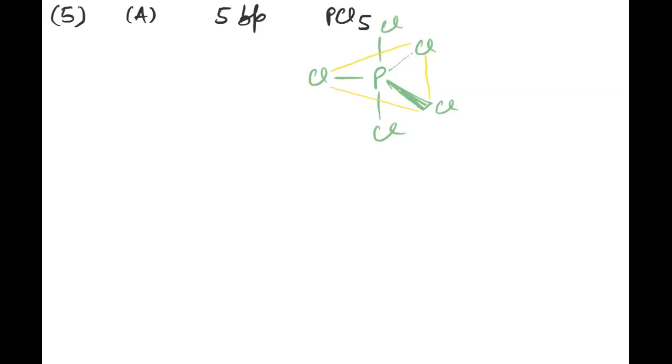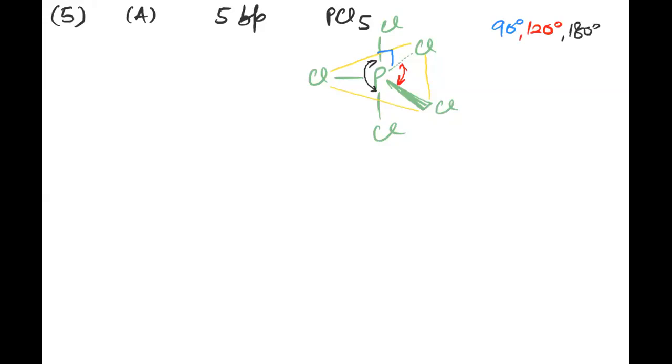In the case of PCl5, as far as bond angle is concerned, here we have three different types of bond angle. This bond angle should be equal to, let's say, 180 degree with respect to this plane. So bond angle may be 90 degree. Here the bond angle between these 2 chlorines is found to be 120 degree, and the angle between this chlorine and this chlorine is found to be 180 degree.